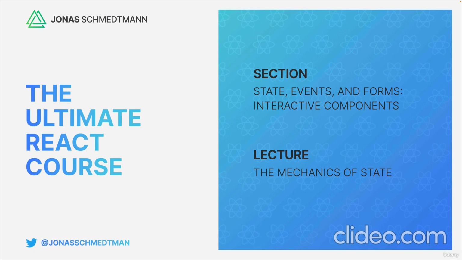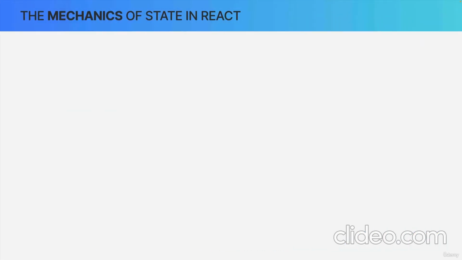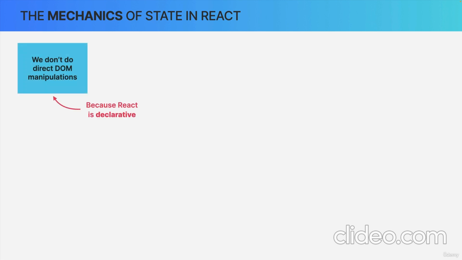Okay, so we have just seen the power of state by using the useState function. But now let's get a better understanding of how exactly state works in React. And let's start from a fundamental React principle that we have already discussed earlier. So remember how we learned that in React, we do not manipulate the DOM directly when we want to update a component's view, right?